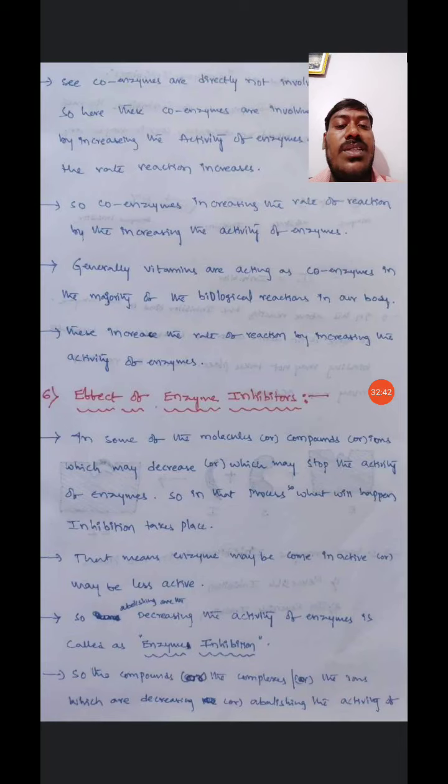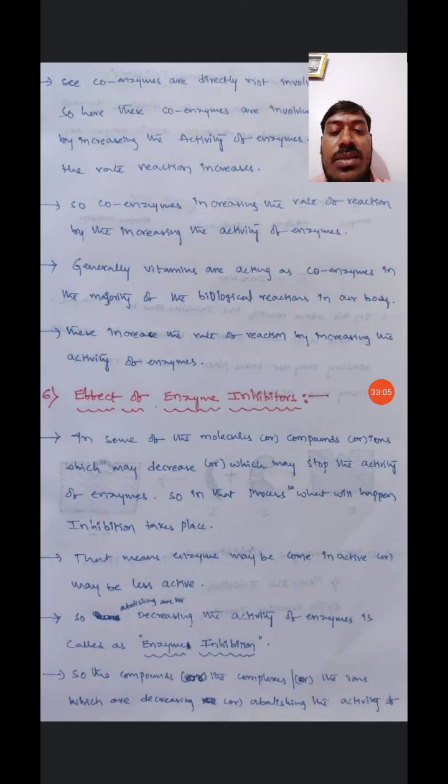Generally, vitamins act as coenzymes. In the majority of biological reactions in our body, vitamins act as coenzymes, increasing the rate of reaction by increasing the activity of enzymes.